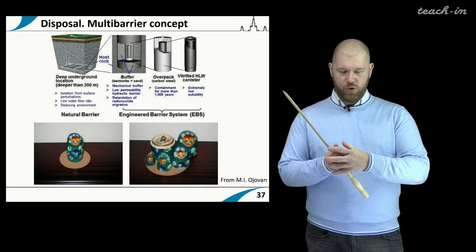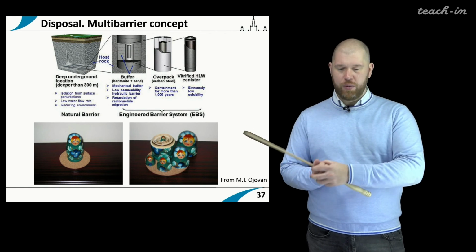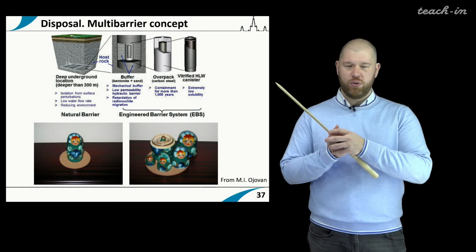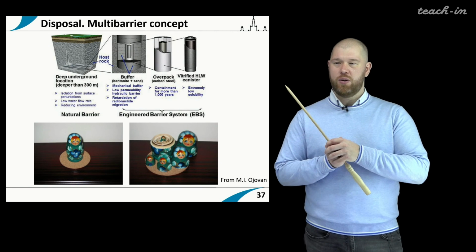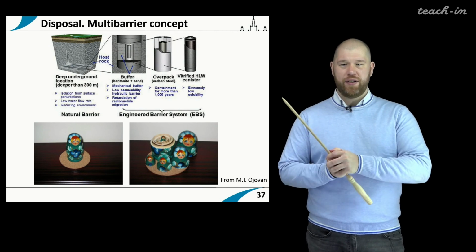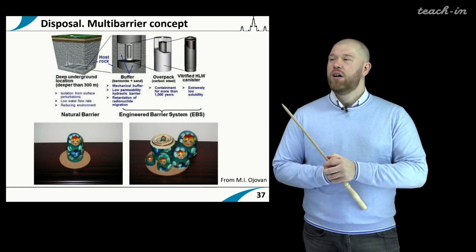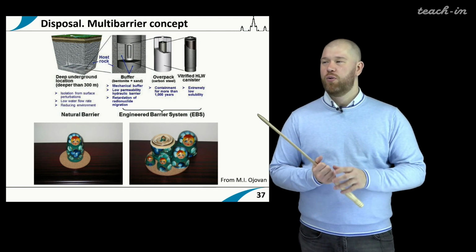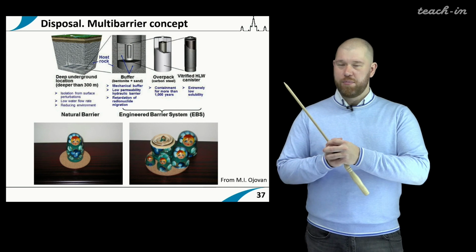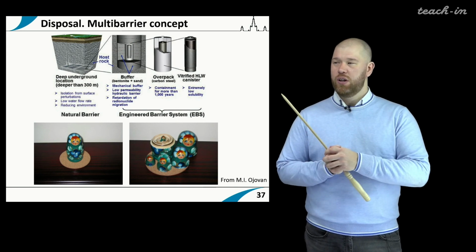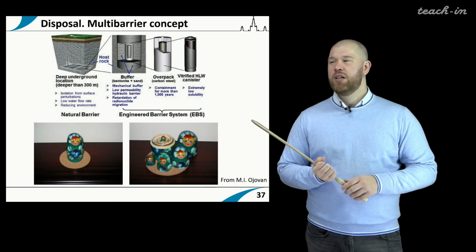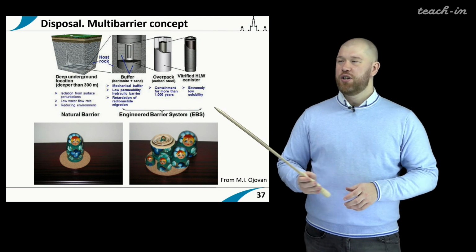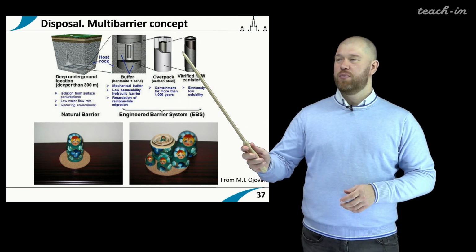So we transform all these liquids or powders or whatever into a very compact, strong form that is called a matrix for high-level waste. And this matrix containing all our radioactive materials is then placed in special containers.